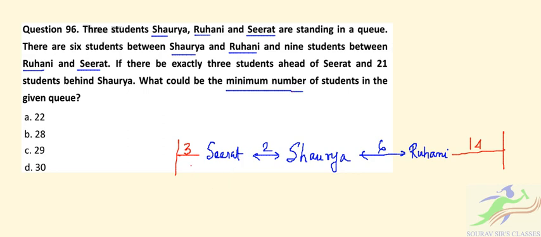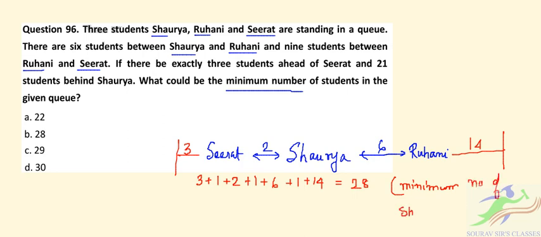This is quite easy. 3 plus Sirat plus 2 plus Shaurya plus 6 plus Ruhani plus 14, which gives 28. This is the minimum number of students, and we have to find the minimum number, that is important. So the correct option is option B, 28.